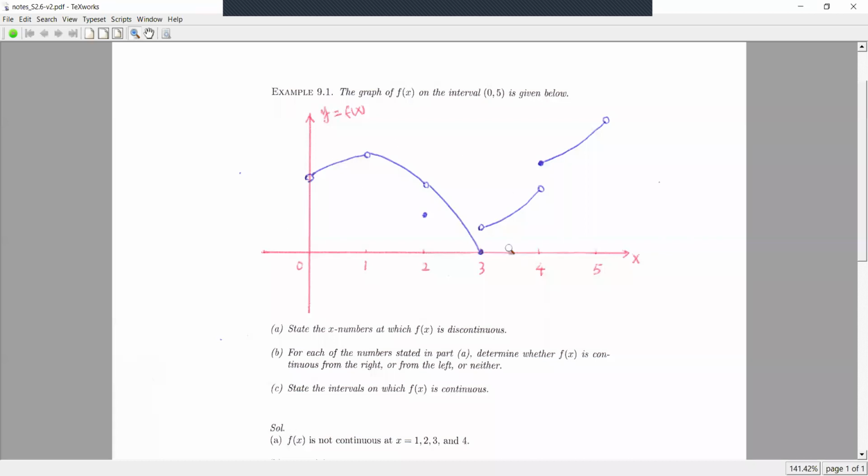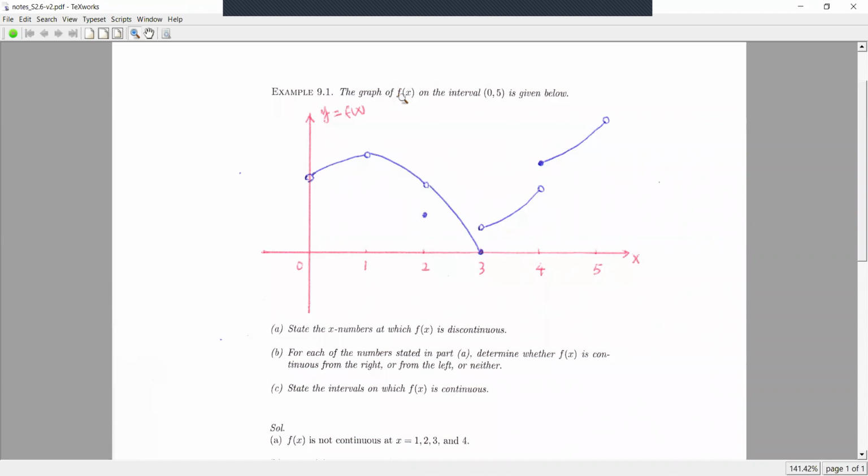From the diagram, we can see that the graph is not continuous at this point, this point, this point, and this point. For example, when we draw the graph at this point, we need to remove our pen to plug this solid point.